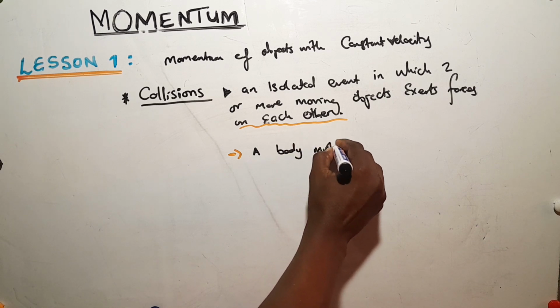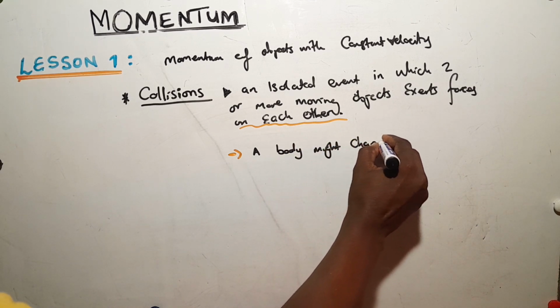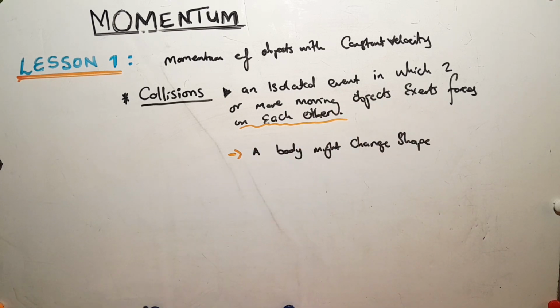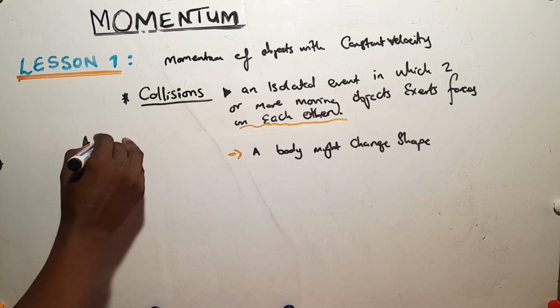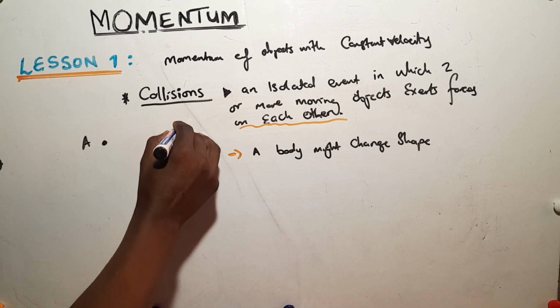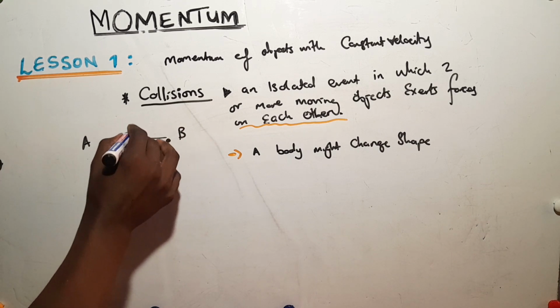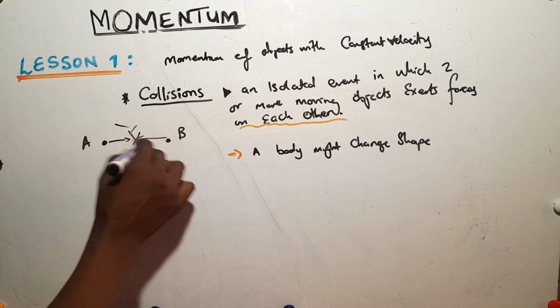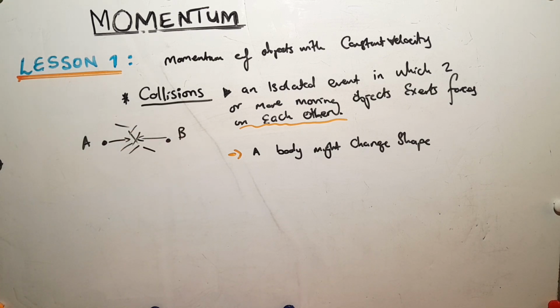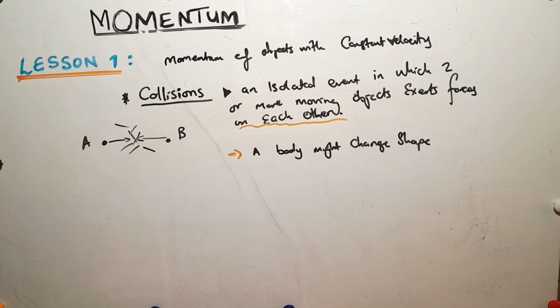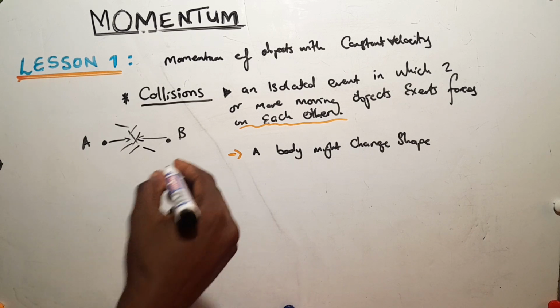A body might change shape, if maybe we have body A colliding with body B here. Maybe they collide somewhere here. So a body might change shape. That's one of the things that might happen.